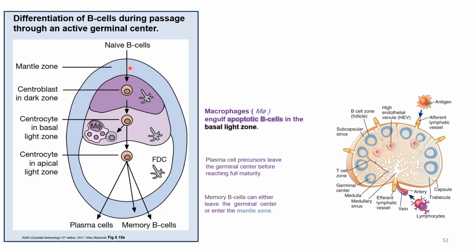A naive B cell, once it becomes activated and becomes a part of a secondary follicle which contains this germinal center, proliferates in what's called the dark zone. It's called the dark zone simply because under the microscope with certain staining, this zone appears dark. And these cells take the name of centroblast.